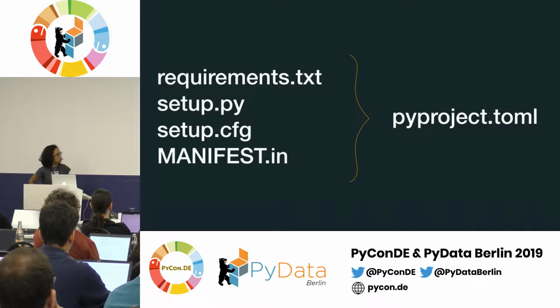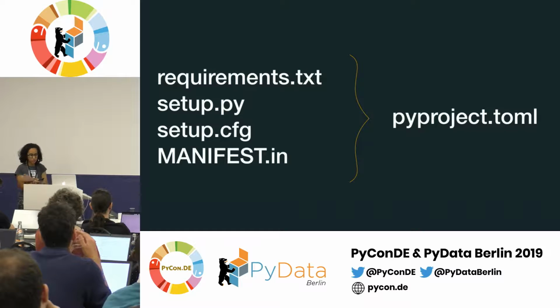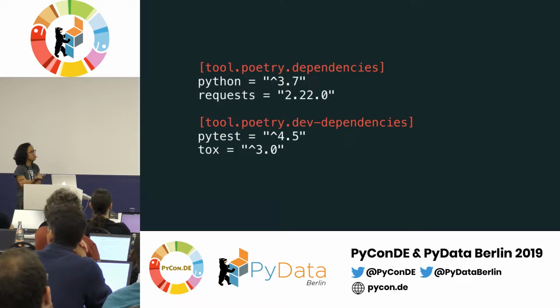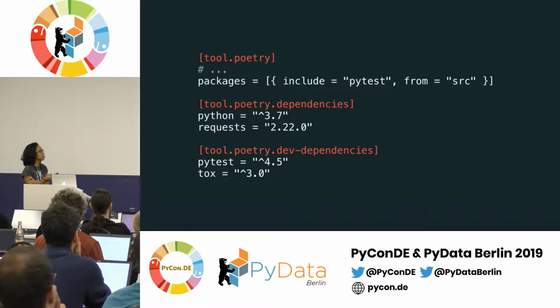So I'm just going to quickly go through how the information that you have in these 4 different files could translate to a single file. From requirements.txt, you have the dependencies listed under the dependencies namespace. And for setup.py, it's not much different.